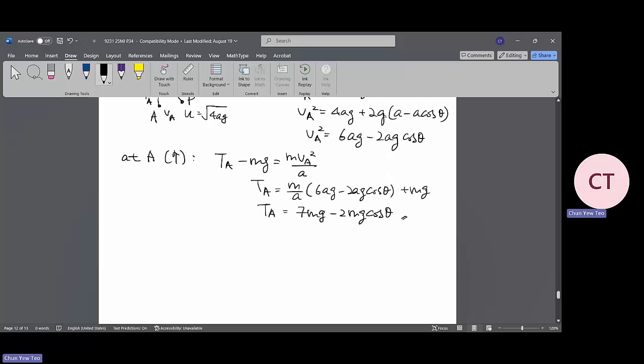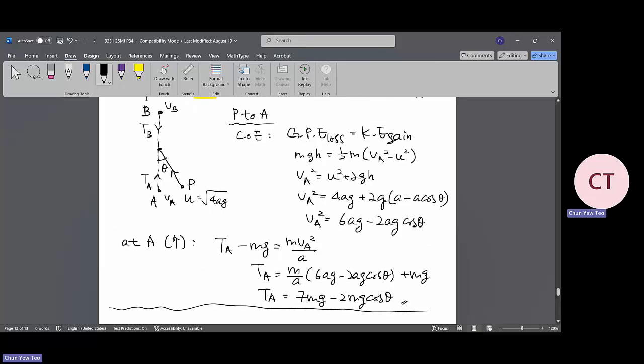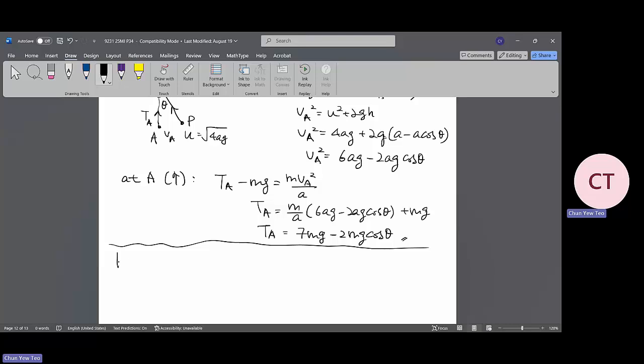Now we consider the situation P to B. Conservation of energy: we have the GPE gain equal to the KE loss. So mgh equals half m of U squared minus VB squared.